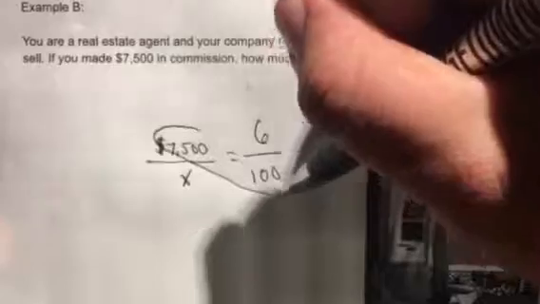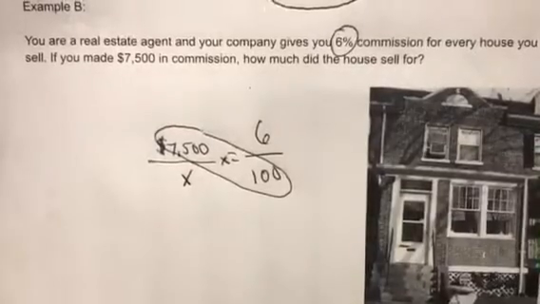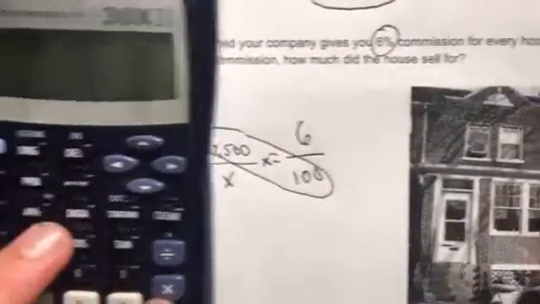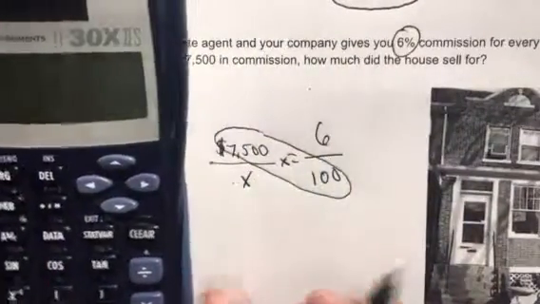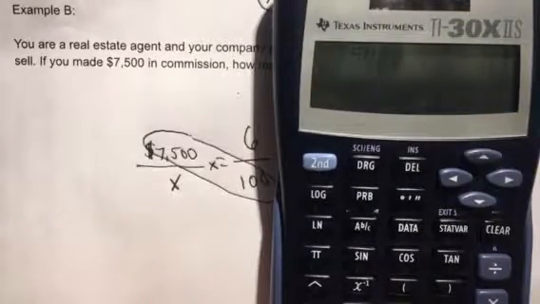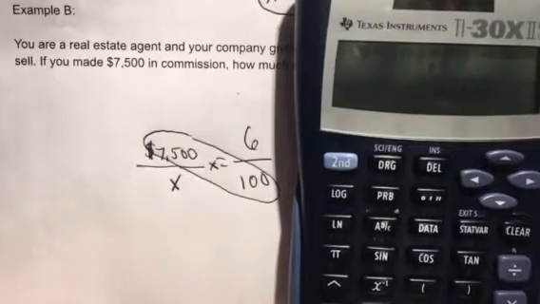Now I can solve by cross multiplying. I go diagonals first and multiply these together: $7,500 times 100 gives me that. And then I divide by my third number, which is 6.